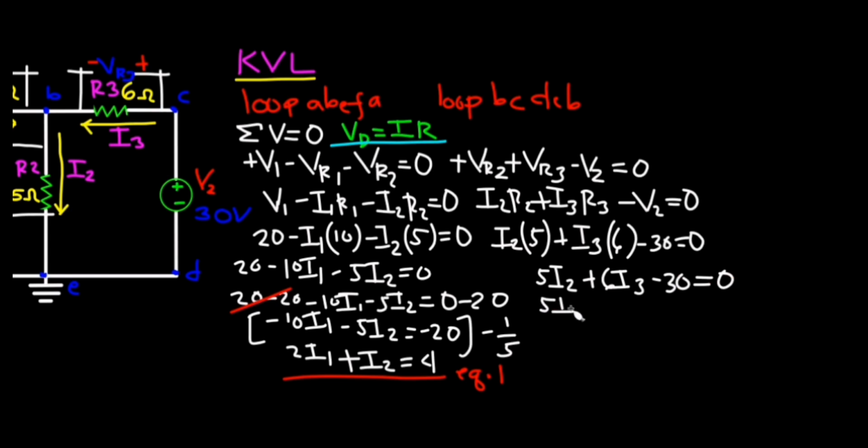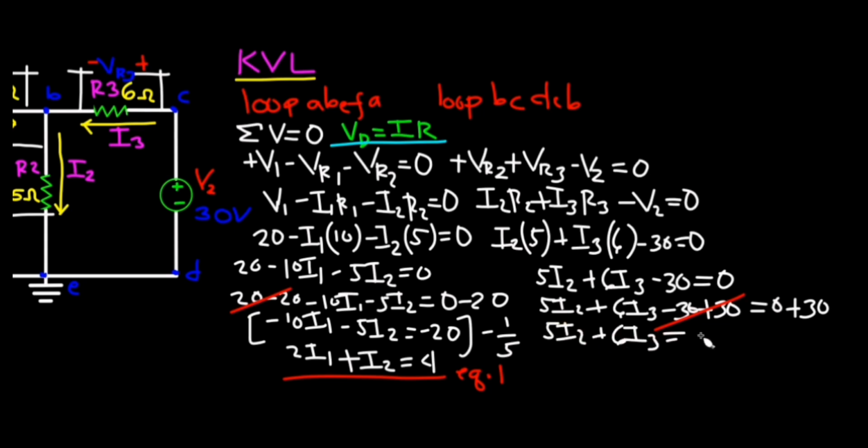Adding both sides with positive 30. So here, negative 30 plus 30 will be cancelled out. And here, it will be positive 30. So 5I2 plus 6I3 equals to 30. And this will be our equation 2.